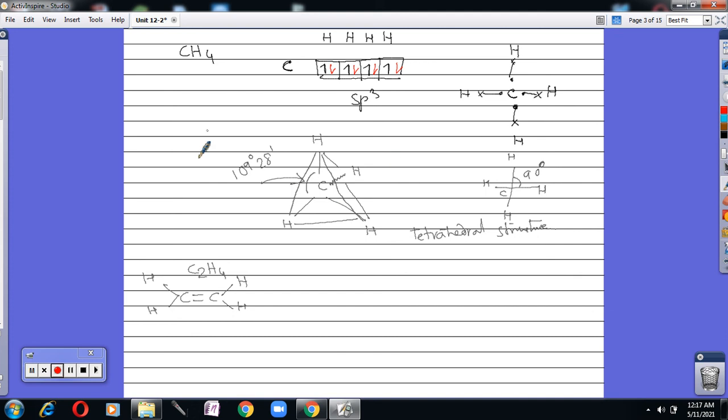By the way, in the methane molecule, the carbon versus hydrogen bond nature is sp3 versus s, or we can say hydrogen versus carbon is s versus sp3, right? The next molecule is C2H4.